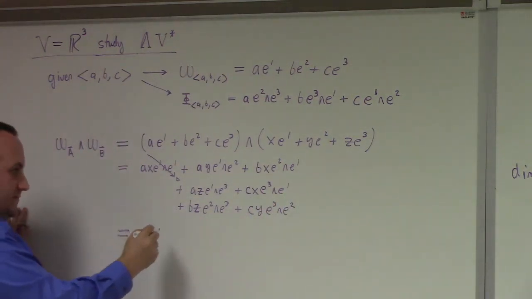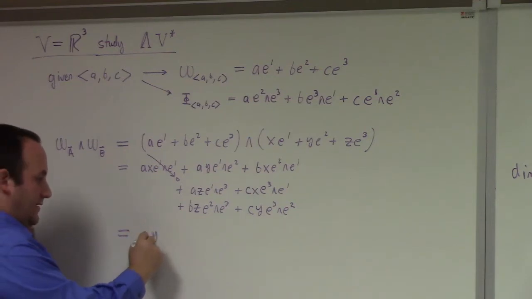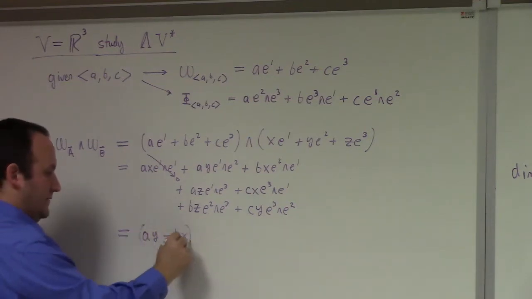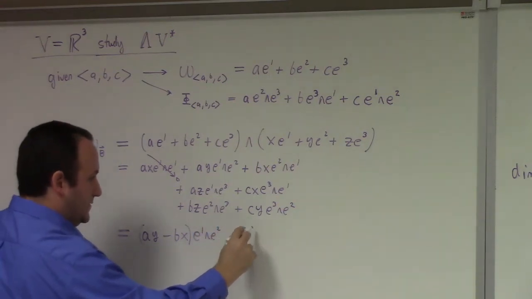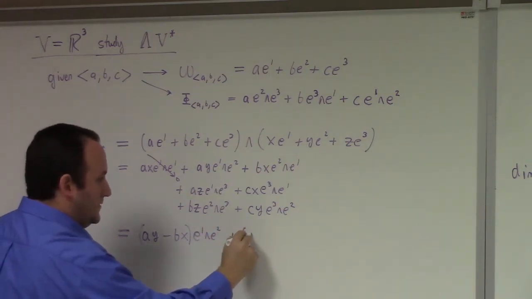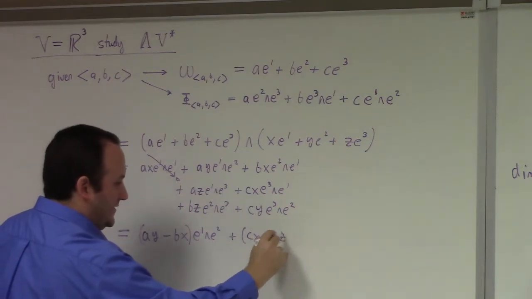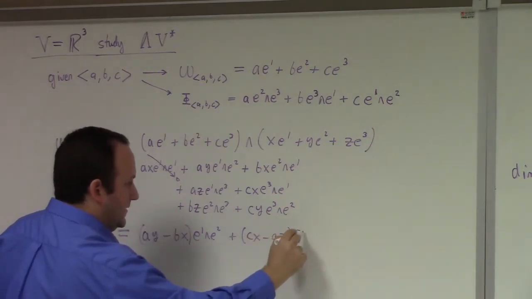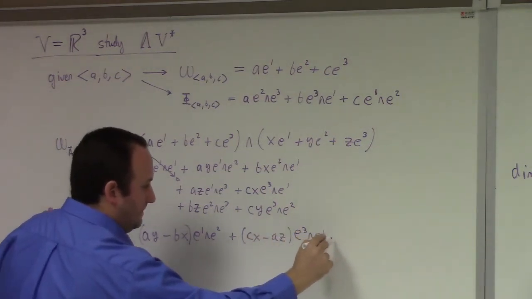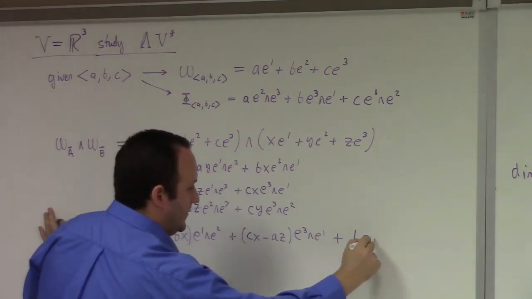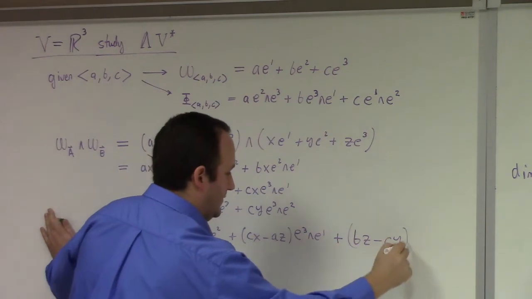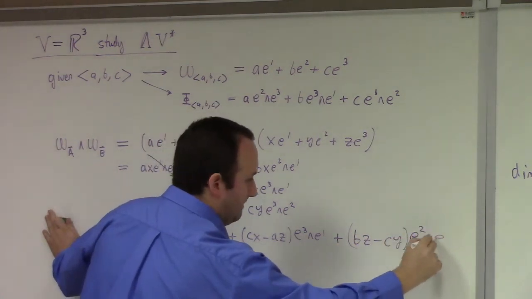But then if we just rewrite this, we've got AY minus BX, E1 wedge E2, plus CX minus AZ, E3 wedge E1, plus BZ minus CY, E2 wedge E3.